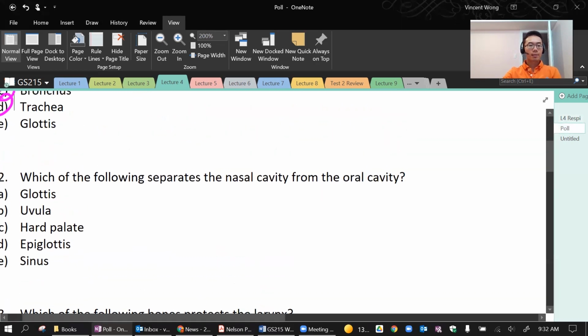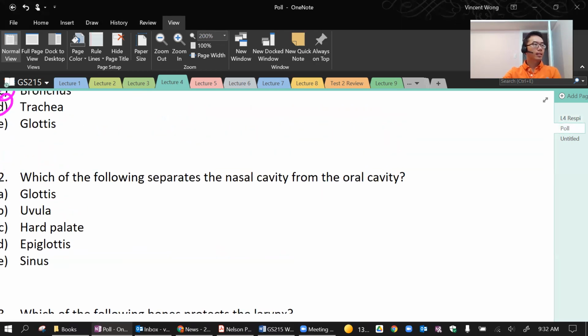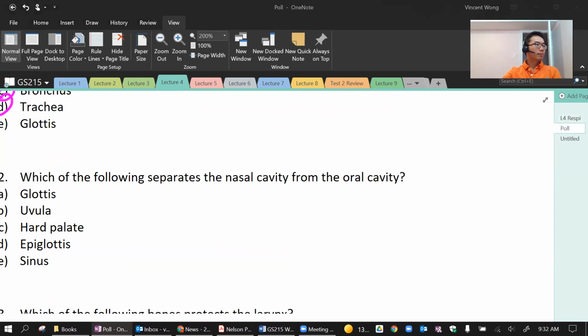Which of the following separates the nasal cavity from the oral cavity?